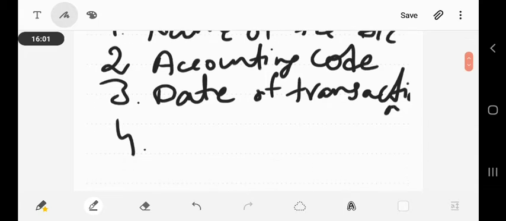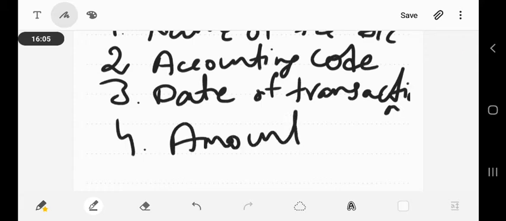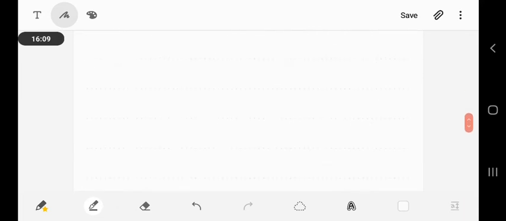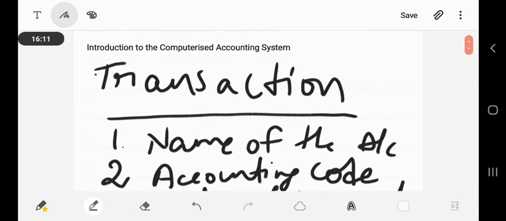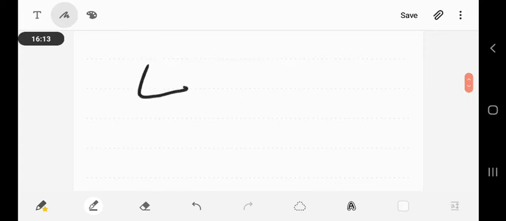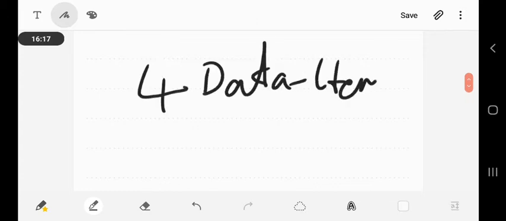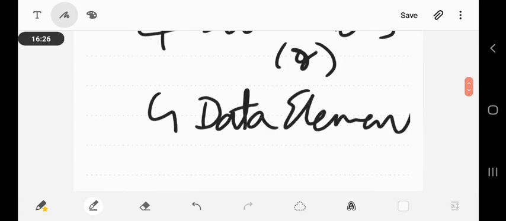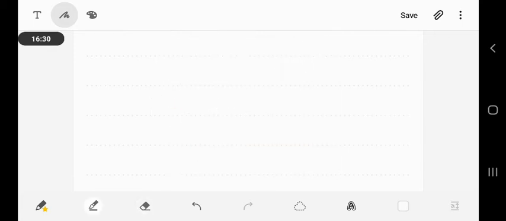And finally, the fourth one is amount. Therefore, every accounting transaction has four data items or four data elements.